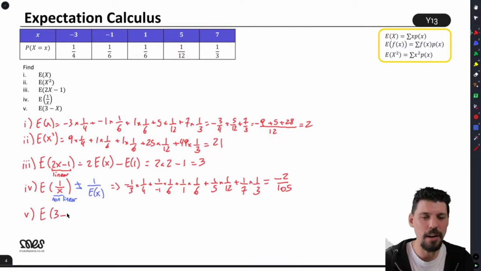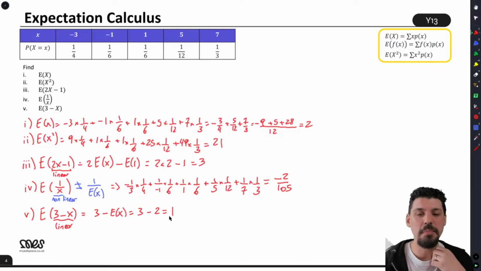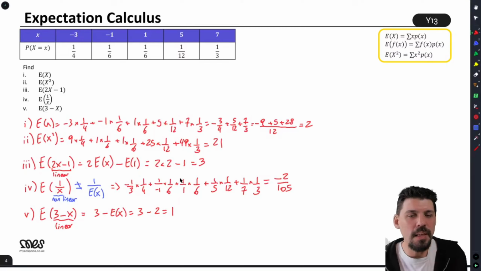Right. Now the last one, E of 3 minus x, is nice and easy because that is in fact linear. So I can say that that is 3 minus the expected value of x, which is 3 minus 2 equals 1. So, interesting question there, Bob. How is the mean negative? That's no problem, is it?